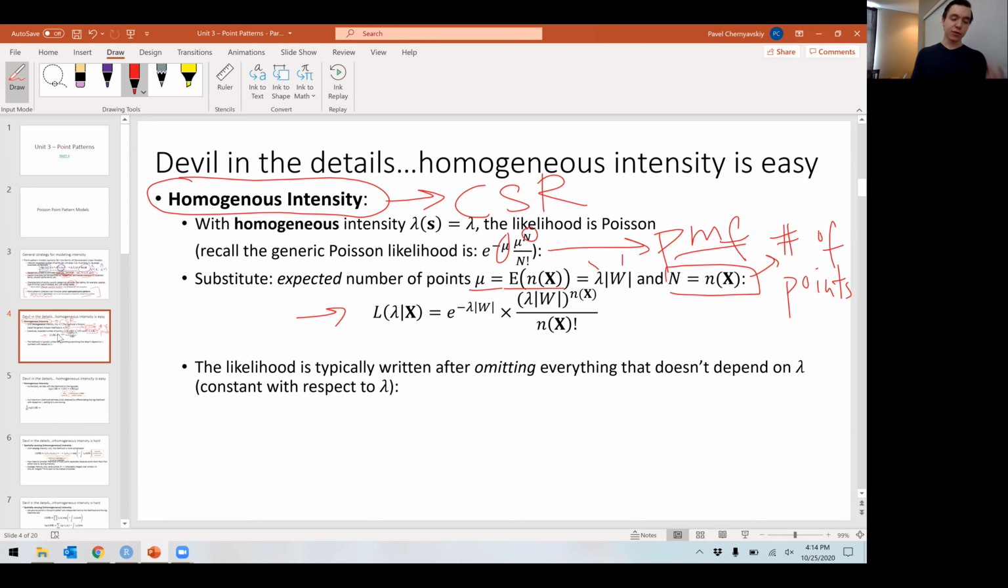But if you Google homogeneous Poisson model spatial patterns, you probably won't see this at all, because likelihoods for computational purposes and simplicity are typically written where we omit everything that doesn't depend on lambda, everything that doesn't in some way interact mathematically with the thing we're trying to estimate, lambda.